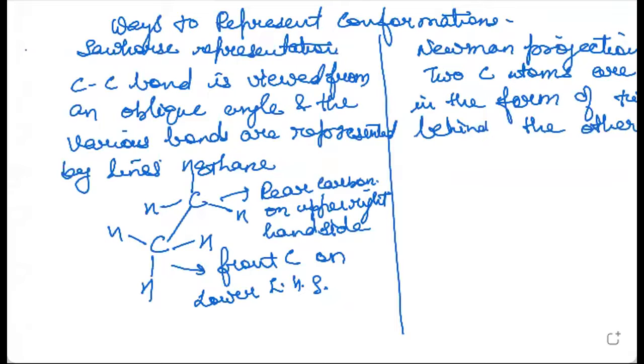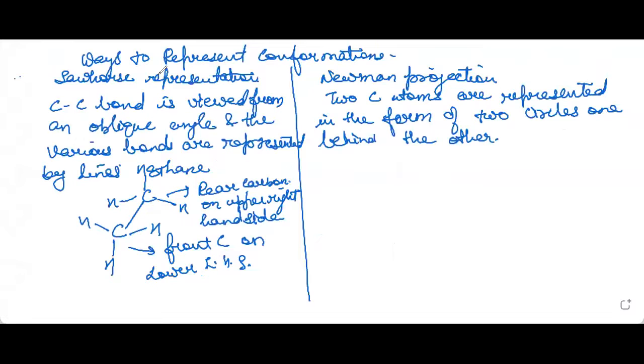Okay, so this is the whiteboard. Now we are discussing the Newman projection. So in this, we will be considering that the front carbon is a dot and the back carbon is a circle. This is the dot. Now the hydrogens which are attached to the front carbon, they will be presented like this.